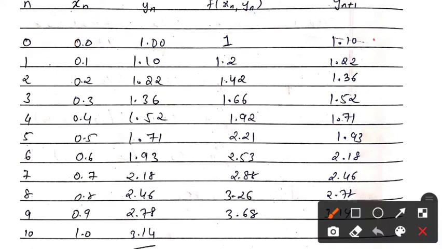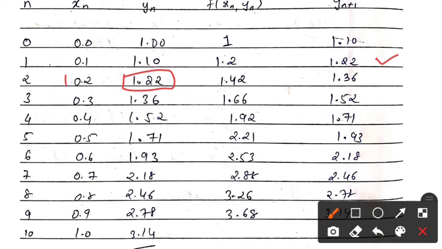After you obtain this 1.10, put this value in place of y1 here. Again, put these two values in x plus y. So 0.1 plus 1.10. Multiply this with h and put this in Euler's formula. You obtain here 1.22.